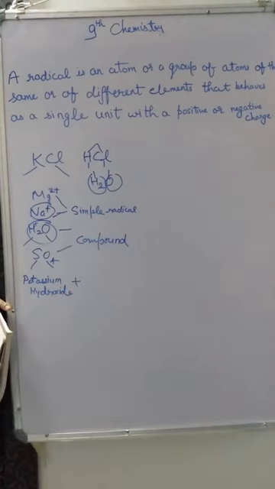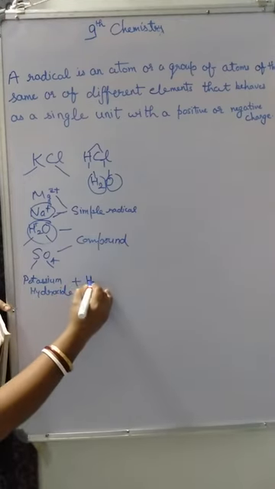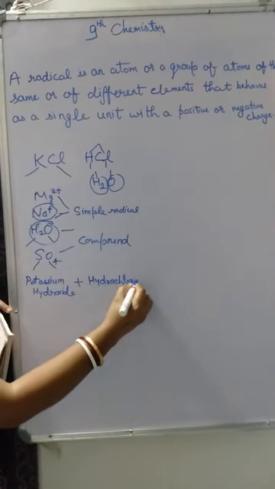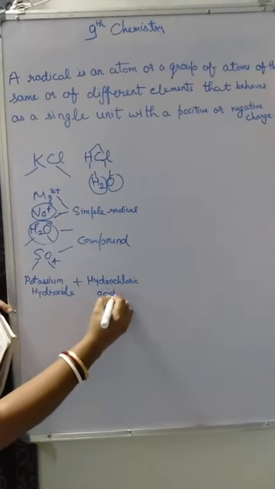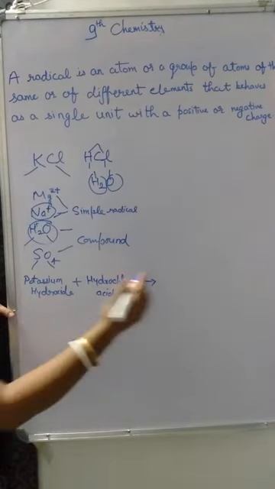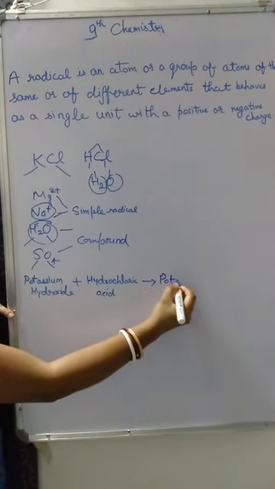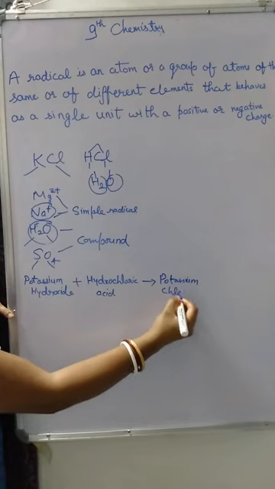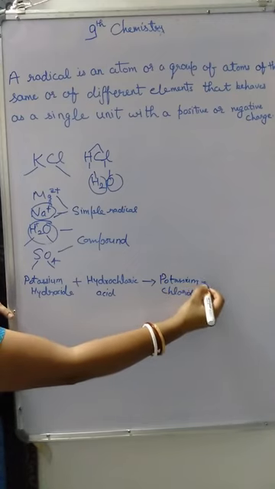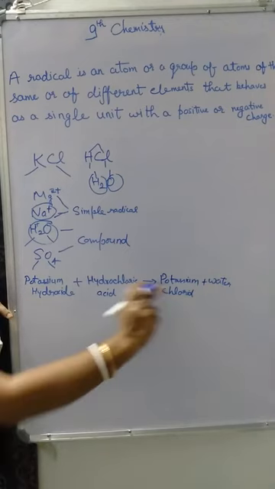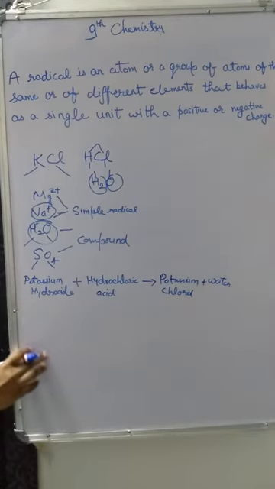Potassium hydroxide is reacting with hydrochloric acid. It forms potassium chloride and water. Now all of you listen very carefully.